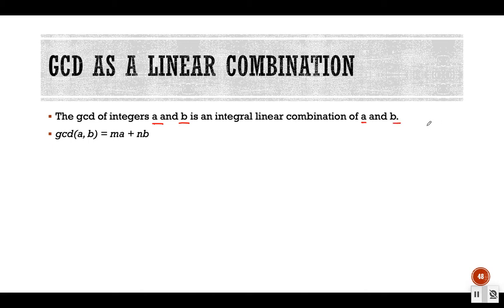What that means is that if we want to find the GCD of a and b, we can represent GCD of a and b as ma plus nb, where both m and n are integers.